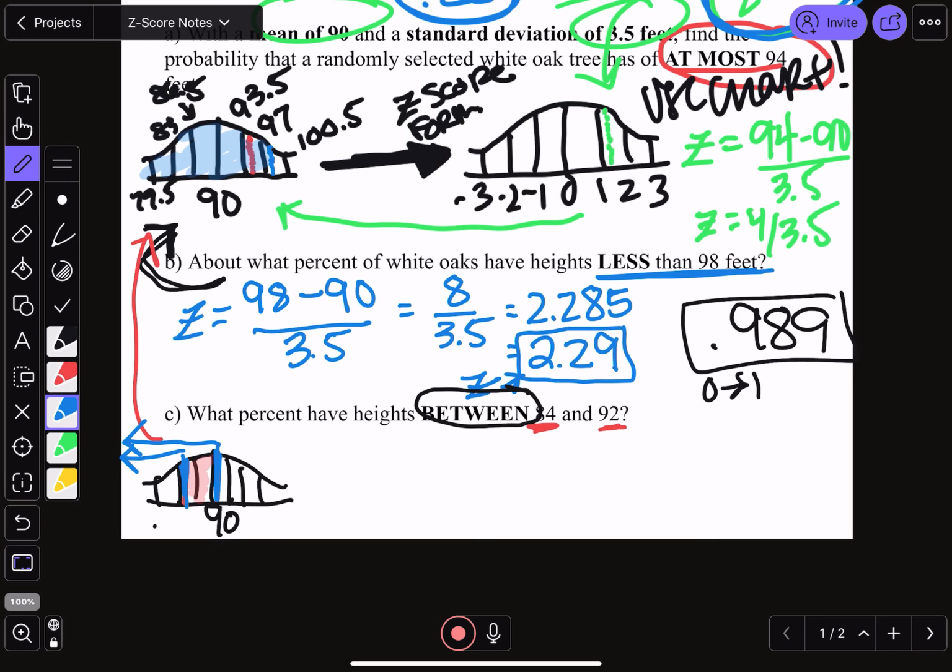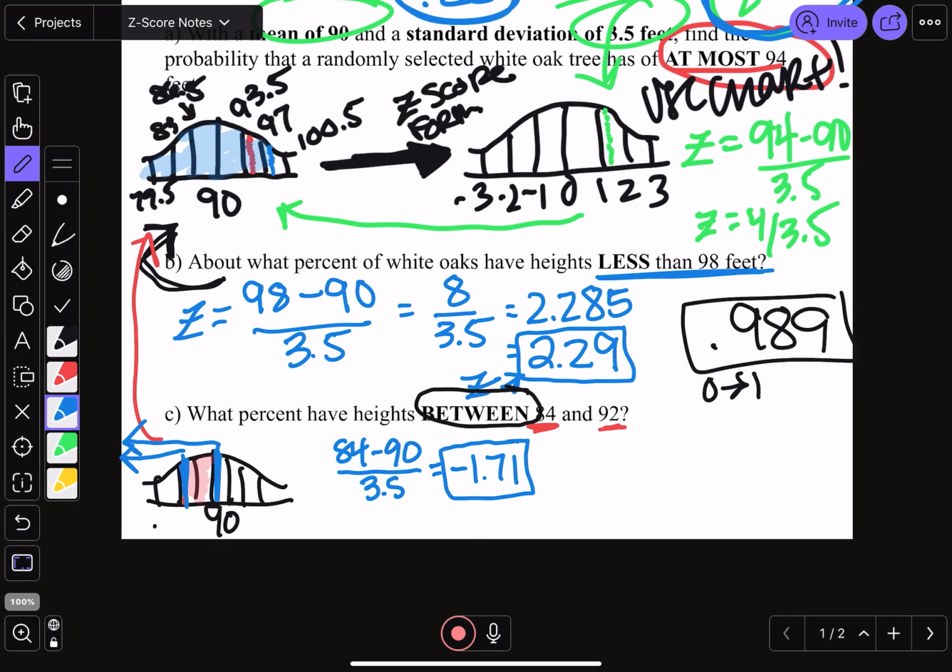So I'm going to take my first z-score, which is 84, and I'm going to find it, okay? So 84 minus 90 divided by 3.5. Let's see, that gives you 84 minus 90 divided by 3.5 is negative 1.71. That's okay if it's negative, just leave it alone.